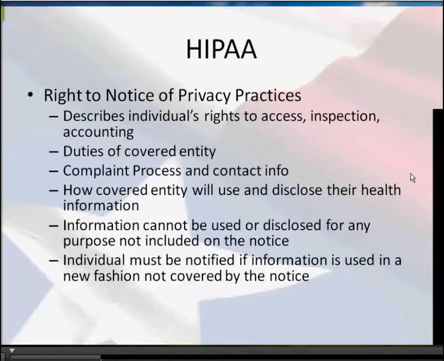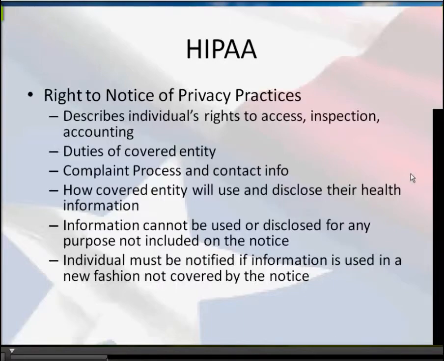Every covered entity must have a notice of privacy practices, which describes the individual's right to access, inspection, and accounting of their health information. It outlines the duties of a covered entity. It also outlines the complaint process and divulges contact information for filing a complaint against the covered entity.